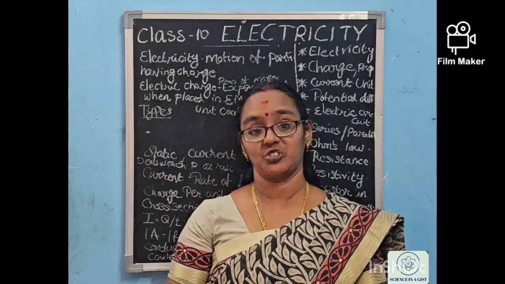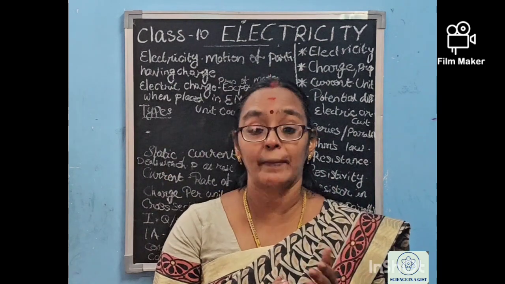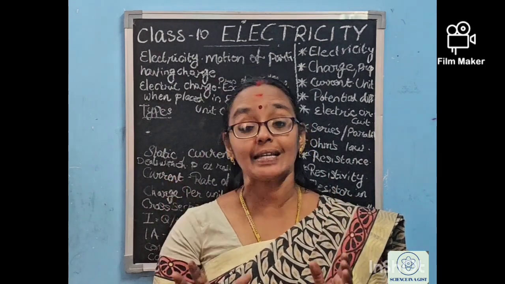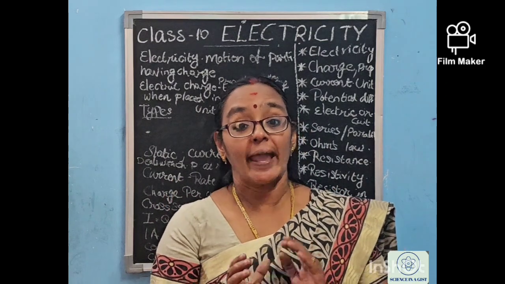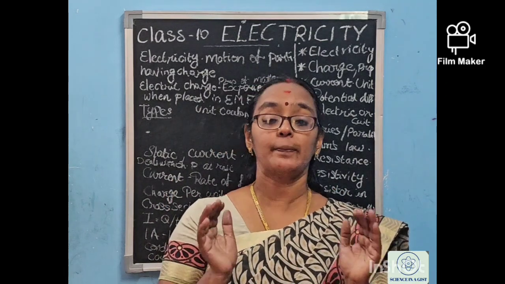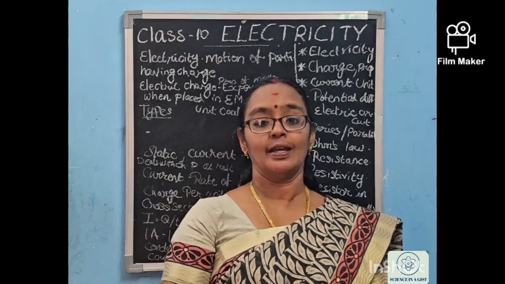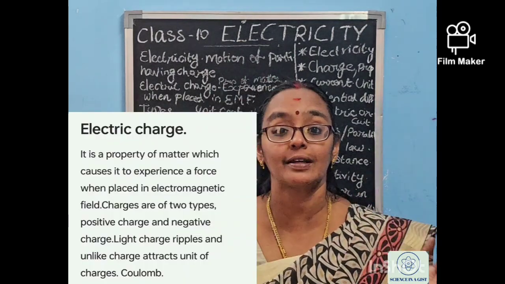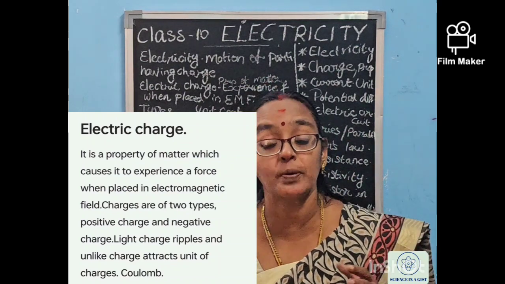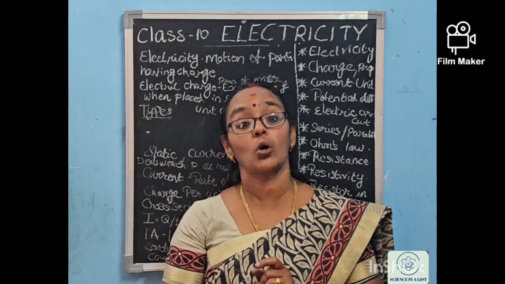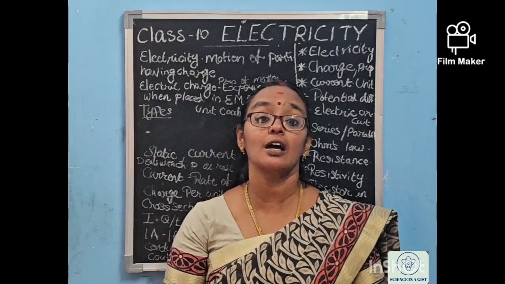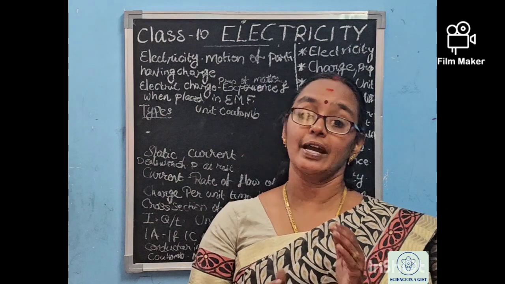As we have seen, electricity is produced only by the motion of particles with charges, so we should know what is charge. It is the property of matter which causes it to experience a force when it is kept in an electromagnetic field. That is what is called charge. Charges are of two types, positive charge and negative charge.